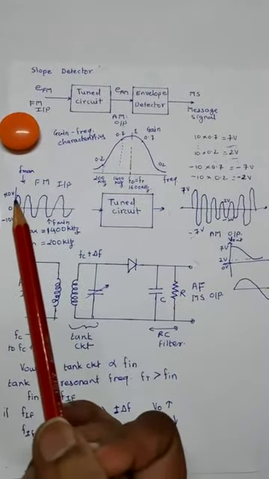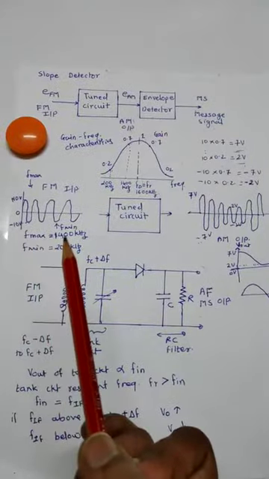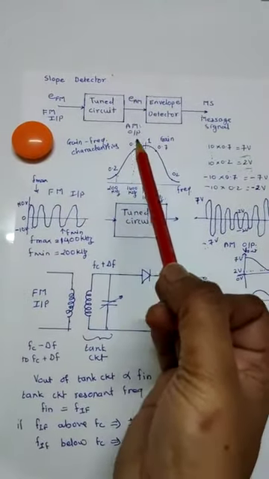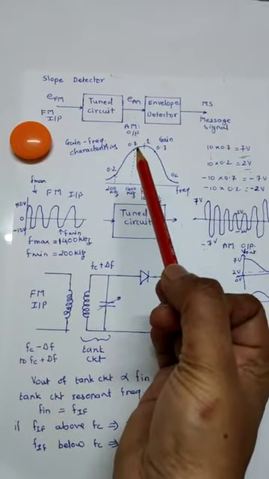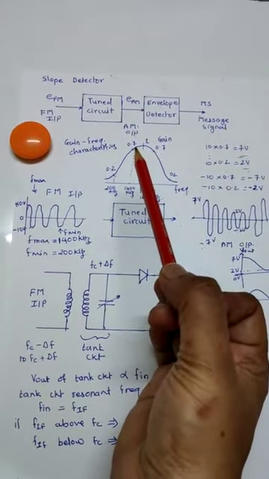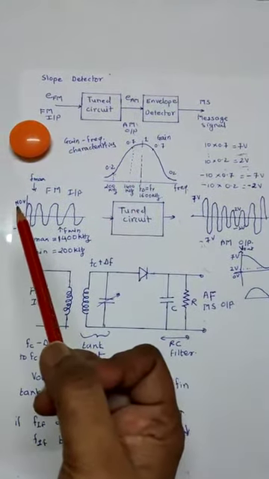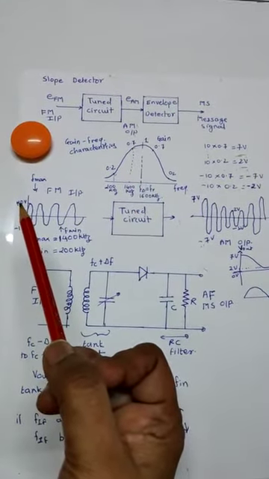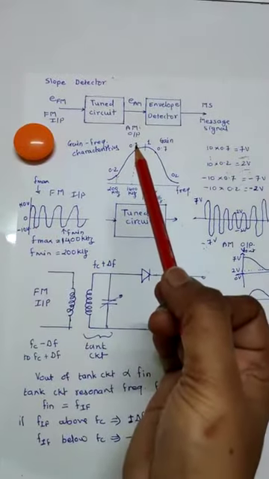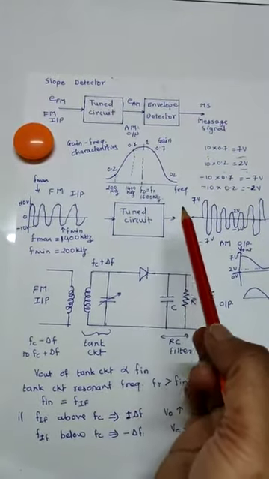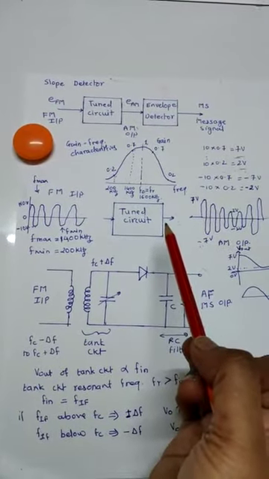Now for 1400 kilohertz the multiplier is 0.7. So whenever the F max frequency passes through the tank circuit, the 10 volt amplitude of the FM signal gets multiplied with 0.7, and we get a 7 volt output at the tank circuit.